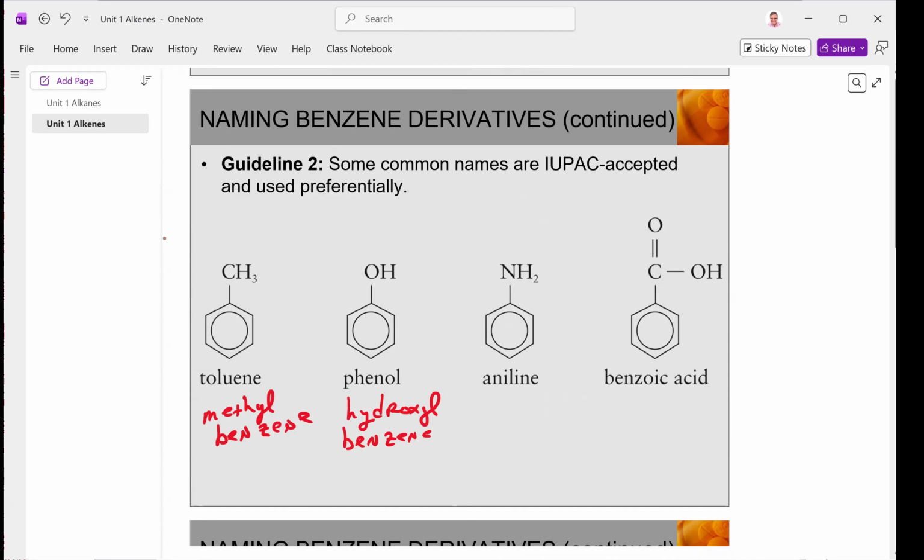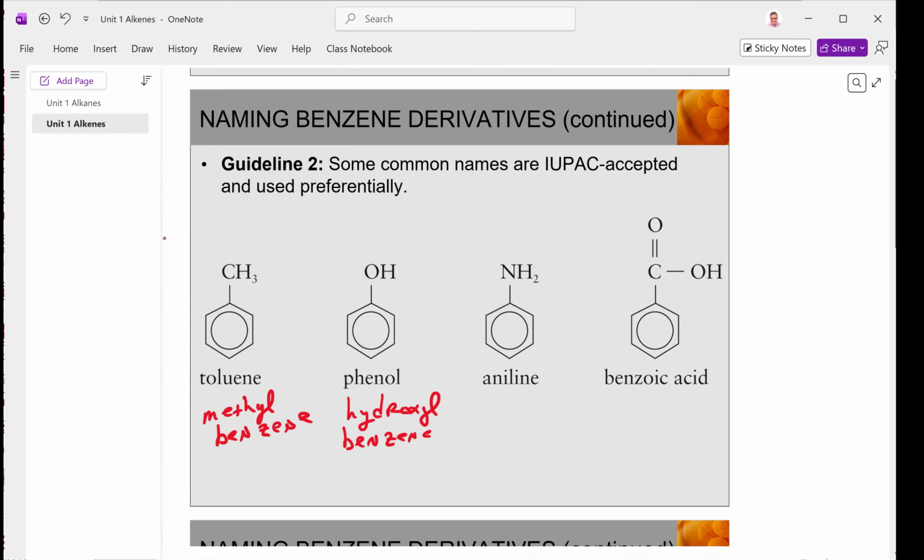Hydroxylbenzene is normally called phenol. You've probably heard of phenol. It's a very common chemical. Common in wine, it's common in beer. It's used as an antiseptic. It's used a lot. Very common.